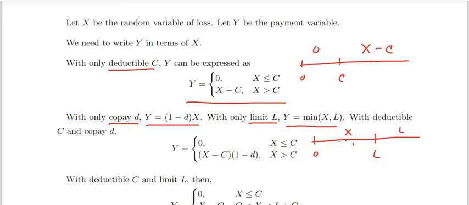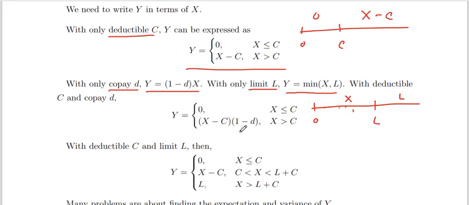Sometimes we can put those together, with deductible and with copay. So the payment becomes thus. They only pay this part, and they pay the remaining.